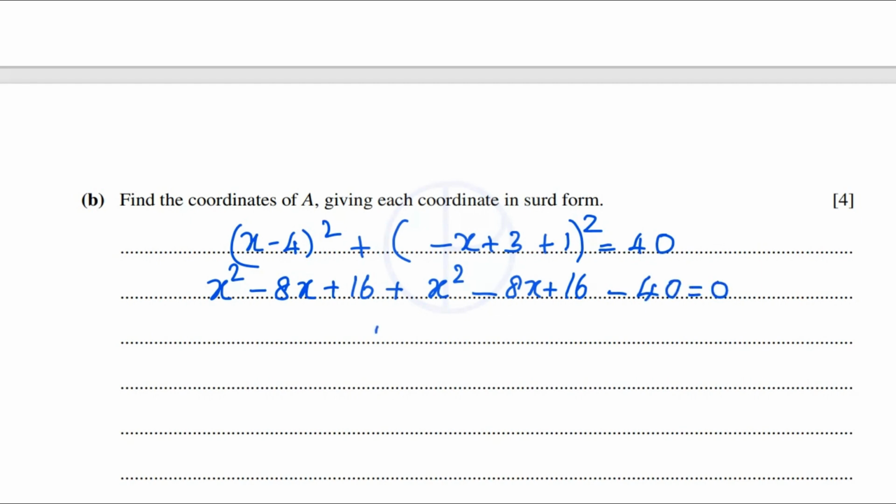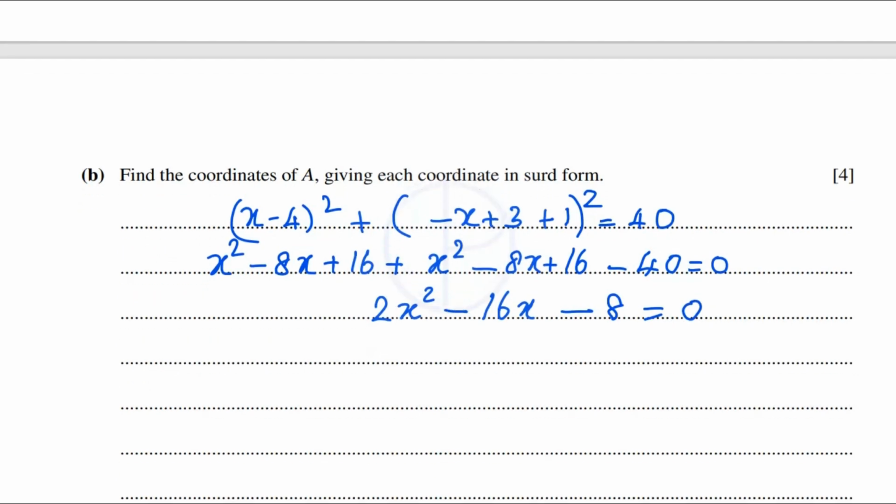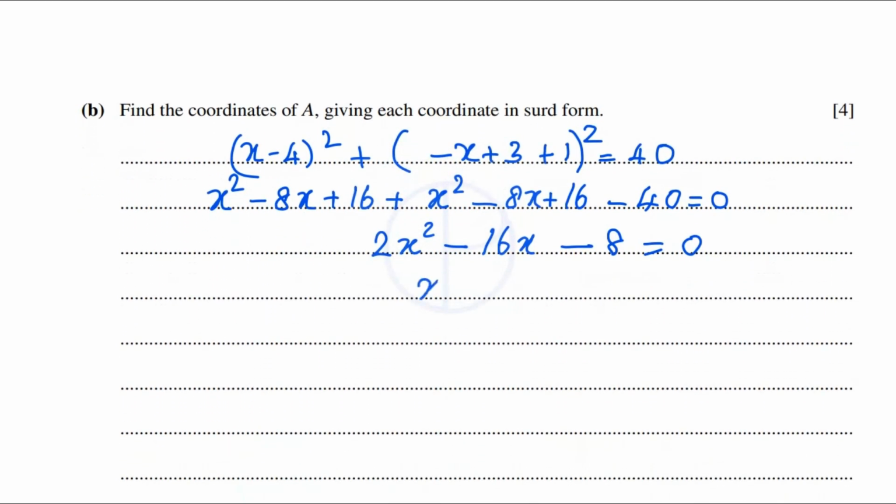Now combine the terms: 2x square minus 16x, 16 plus 16 minus 40. 16 plus 16 is 32, 32 minus 40 is negative 8, equal to 0. Now divide the equation by 2. So we get x square minus 8x minus 4 equal to 0.